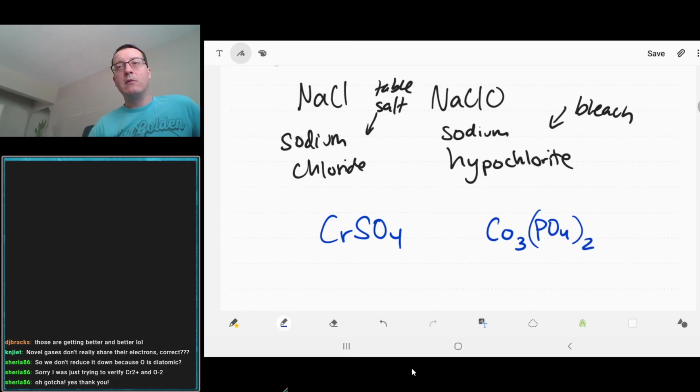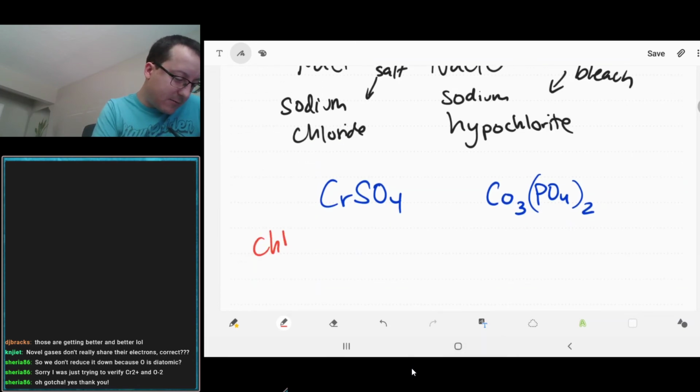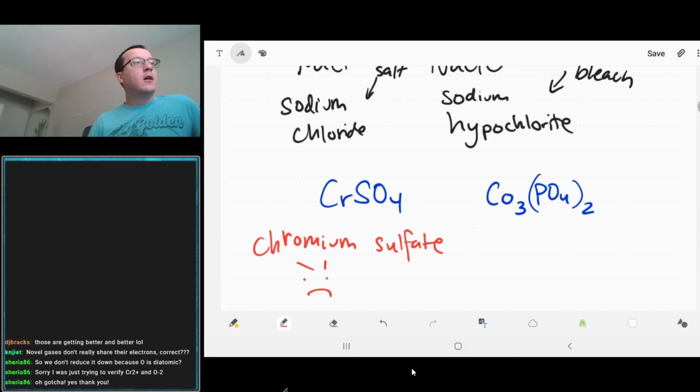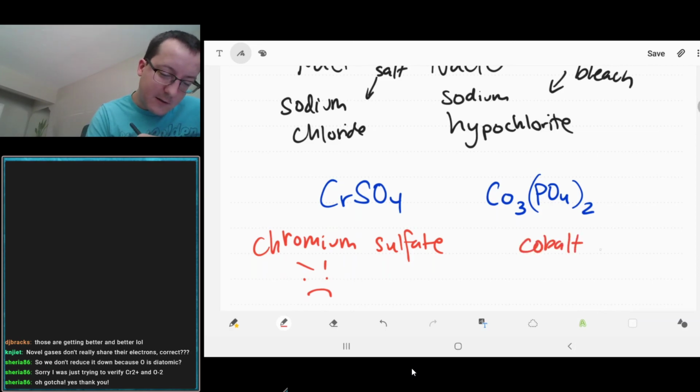Oh, so now we cannot say chromium sulfate. Why can we not say chromium sulfate here? And why can we not just say cobalt phosphate?